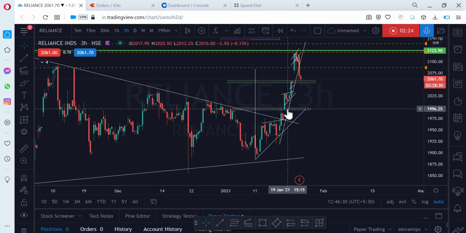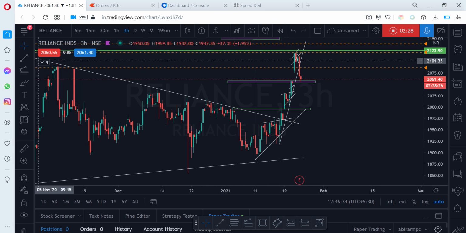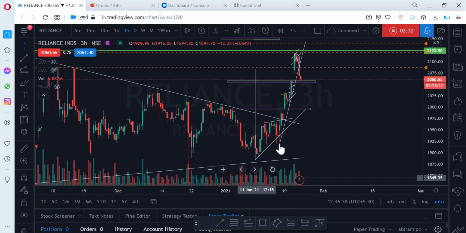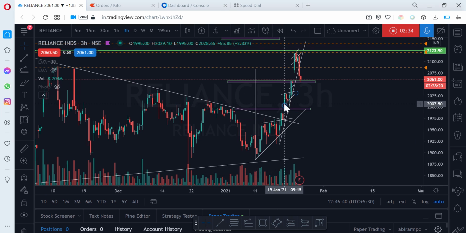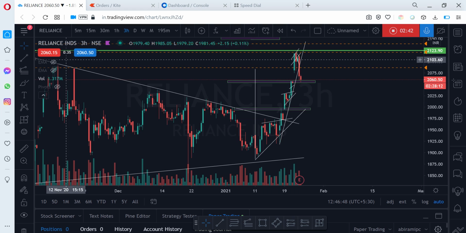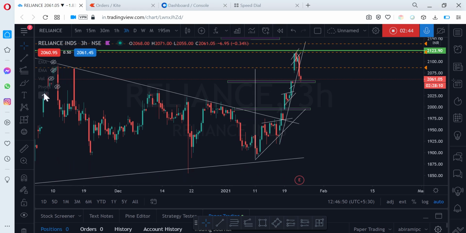I expected it to break with a huge level of volume, and as I expected, there was a very good breakout here, with volume higher than the previous bullish volume. So I entered the trade here at 213, and it is a swing trade. I hope it will reach the first target in 1 or 2 days, and the second target within 5 days maximum.